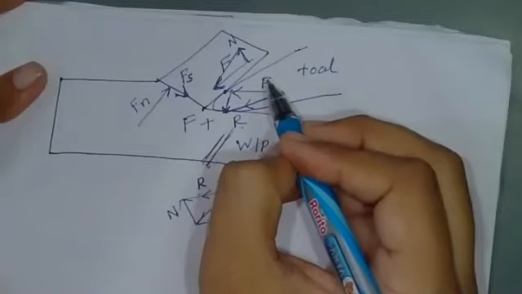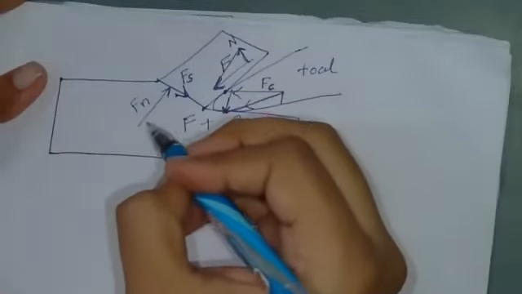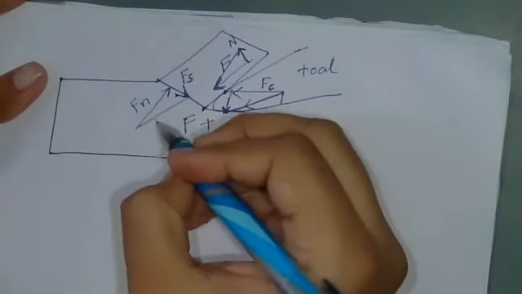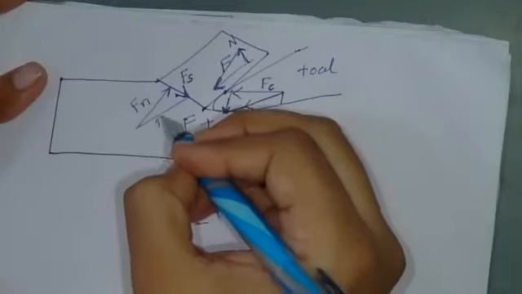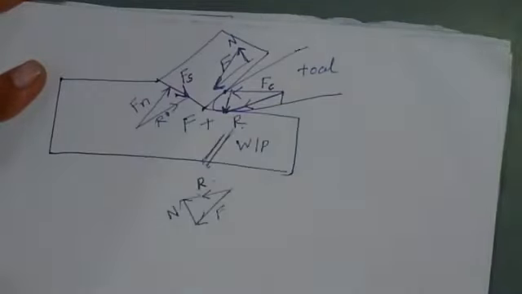Actually, shear force is also a kind of friction force. So there is this resultant of shear force and this normal force, and we say this is R dash. All three resultants must be in equilibrium in order to keep the system in equilibrium, because the whole system is in equilibrium.